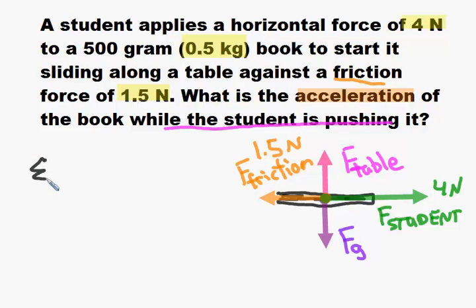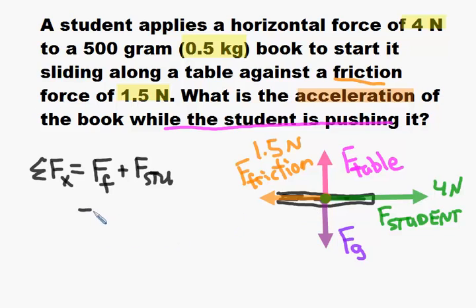So adding up the forces in the x direction, we get the forces equal the force of friction plus the force of the student, because they're both in the x direction.